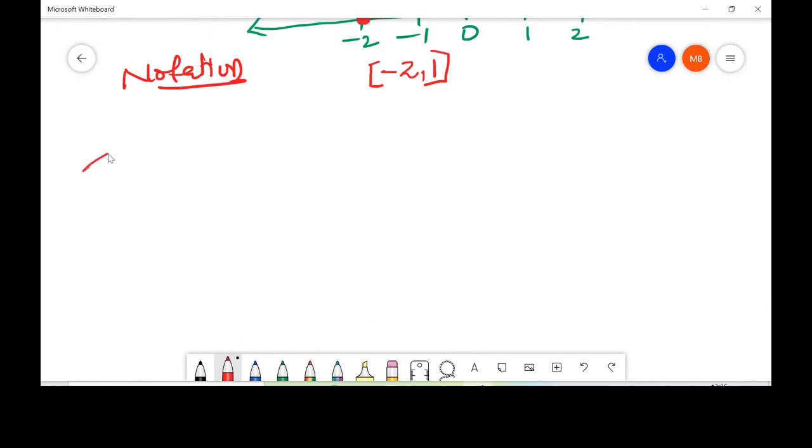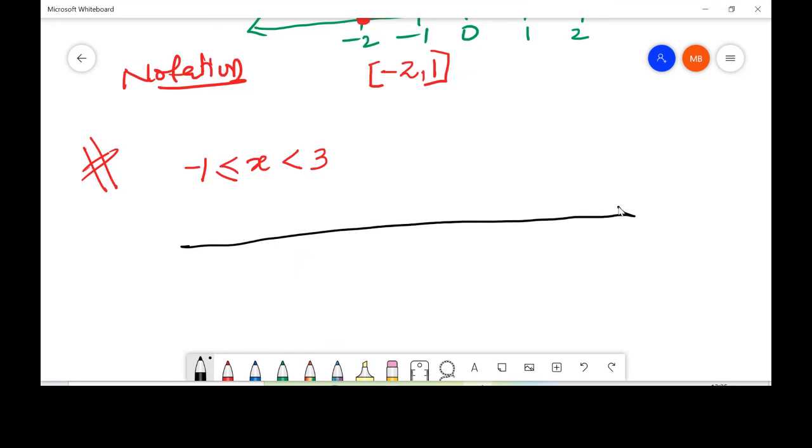Say this time you have x greater than or equal to -1 and less than 3. How will you represent this? On a number line, obviously.